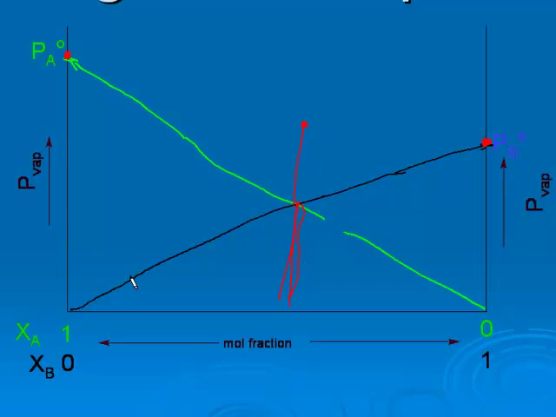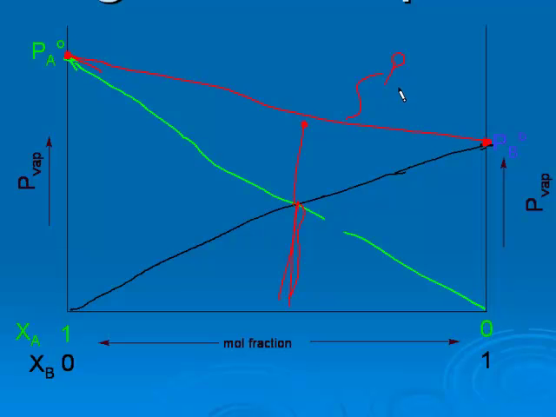Here I have more pressure of A and less pressure of B. Here I have more pressure of B, less pressure of A. It turns out that if you were to add all these up, you'd find a straight line that goes directly from the partial pressure of pure A to the partial pressure of pure B. And this is the pressure of the solution.